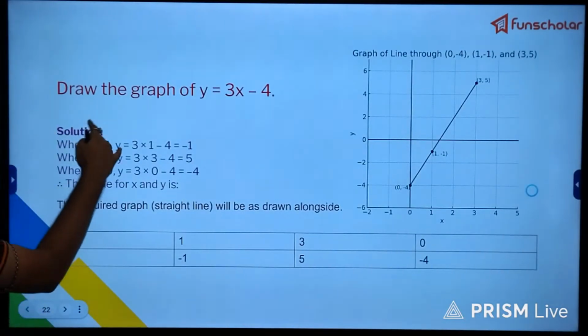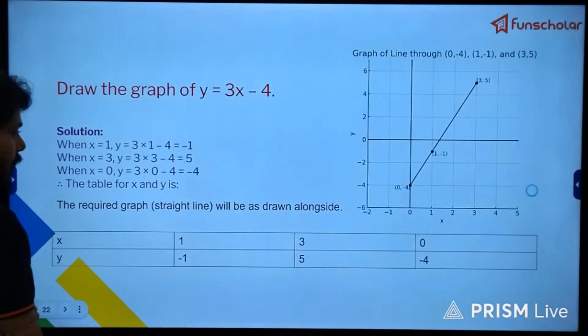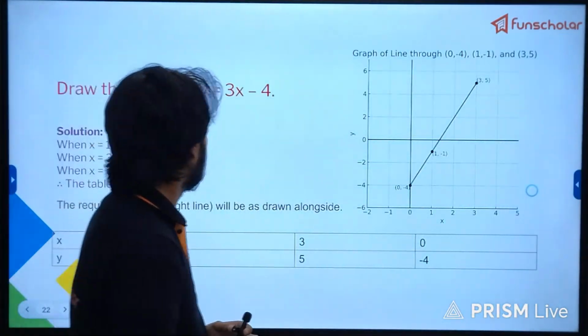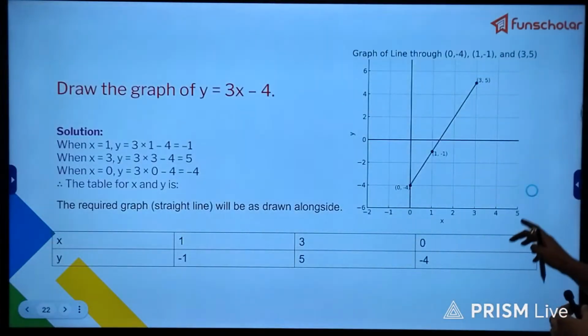Now, draw the graph y equal to 3x minus 4. I will solve it for you.